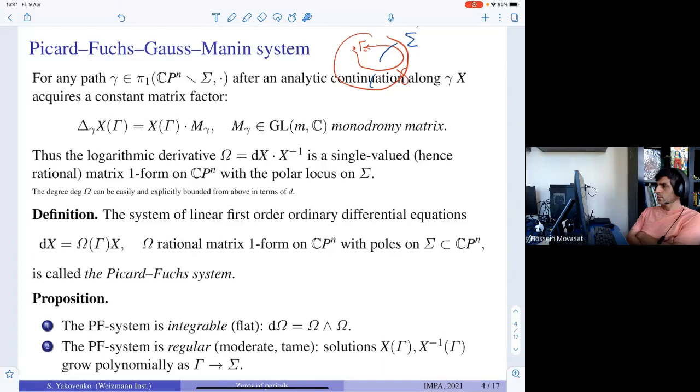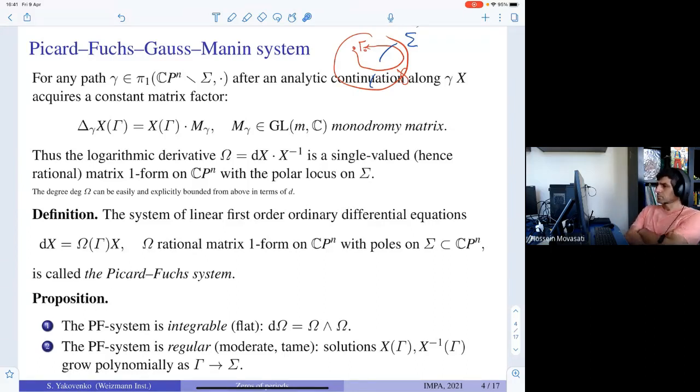This constant matrix depends only on the topology of the singular divisor inside the projective space of all systems of a given degree. So it is something quite specific and regular and can be studied, and of course was studied intensively.